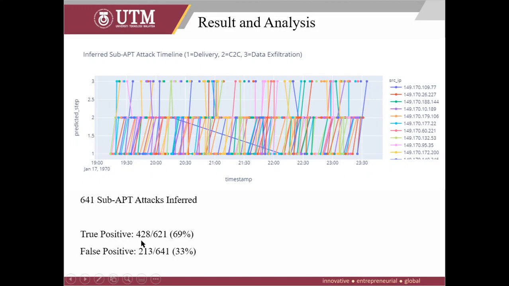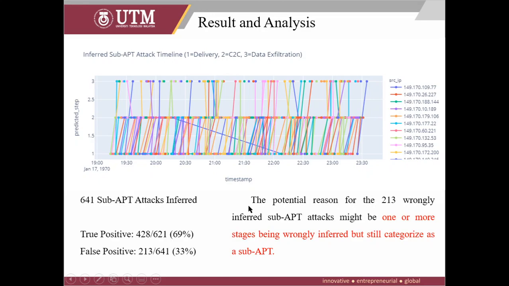Out of it, 428 are correct, and 213 are wrongly classified. What are the potential reasons we are looking for? It might be that the 213 wrongly inferred are because 1 or more stages are being wrongly inferred, but they are still categorized as a sub-APT.